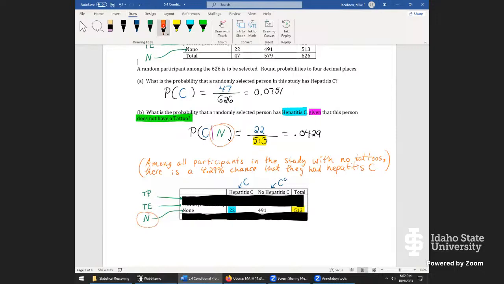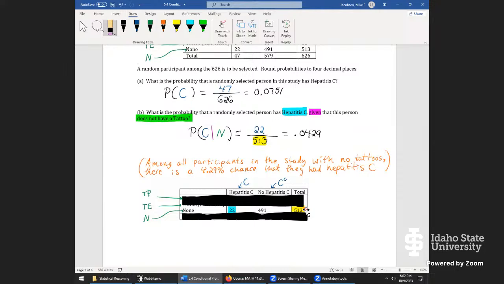That's really our whole sample space, the 513 participants. So we put 513 in the denominator and we got our probability in pretty fast order from there on out. But really the idea is, if you look at the given information, it tells us to focus on either a row or a column. And it's also telling us where our denominator is going to turn out as we do these kinds of problems. Any questions at all, folks, on getting through part B?